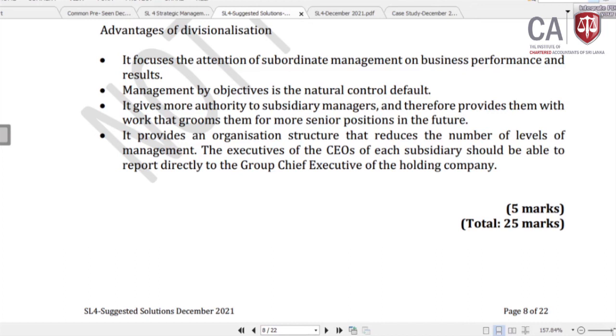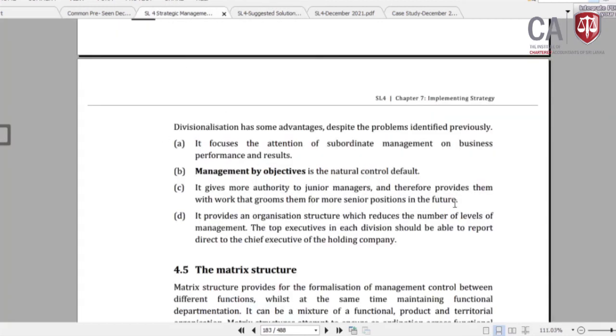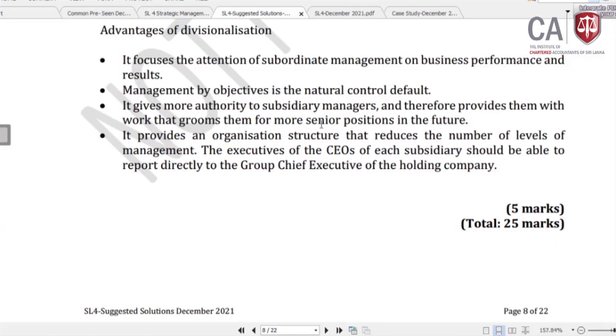So what are the points you can take? Now, if you have not studied these 4 points, will you be able to get these 5 marks? If you have not done the study properly, you will not be able to get these 5 marks. That is why I emphasized at the beginning, you want to have a thorough understanding of each theory area in the study text.